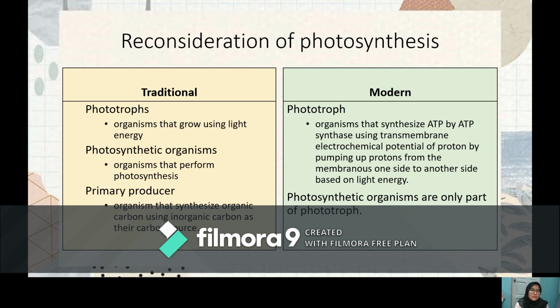So please take note that a primary producer is not only an organism that uses light as its energy. The chemoautotroph organism is also a primary producer, even though it is a small contribution. So that's all from me. Thank you.